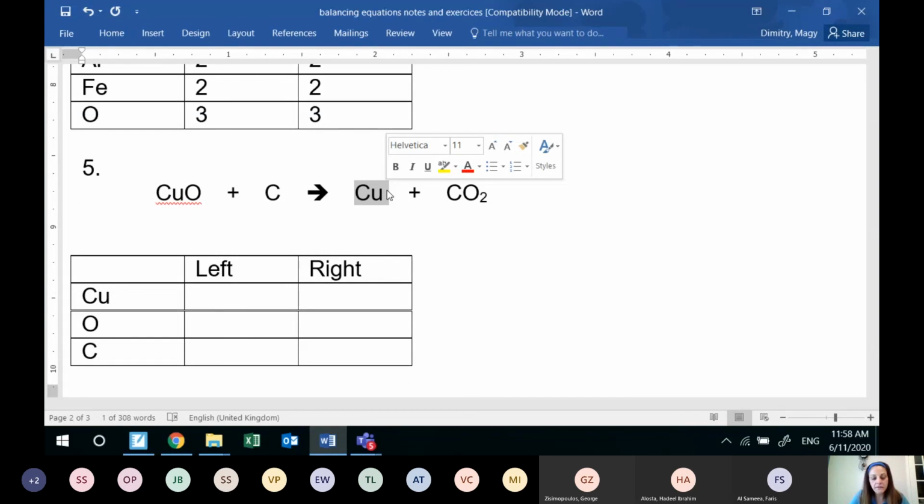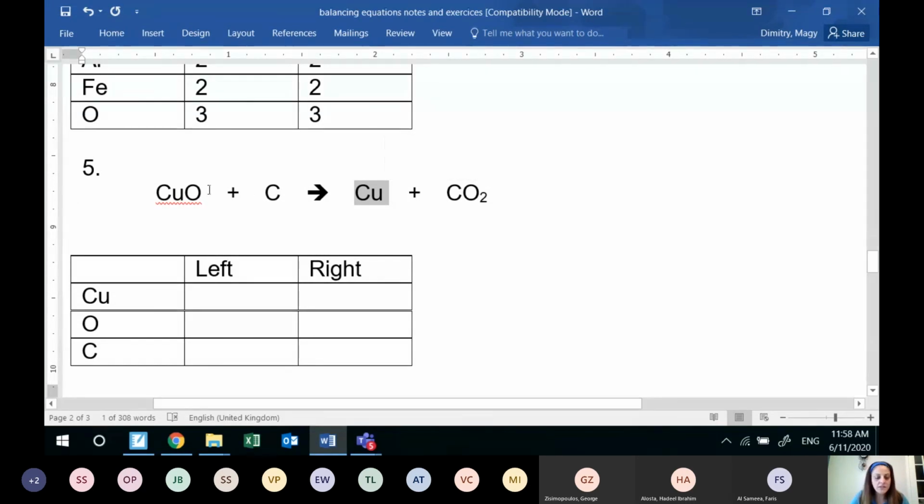So far, so good. Oxygen, how many on the left? Yep. How many on the right? Ah, there is the problem.